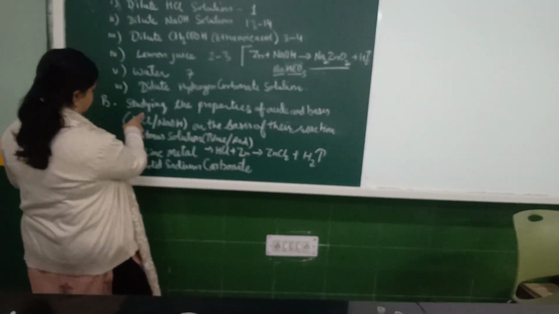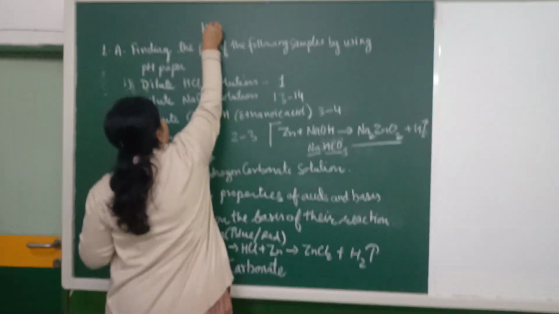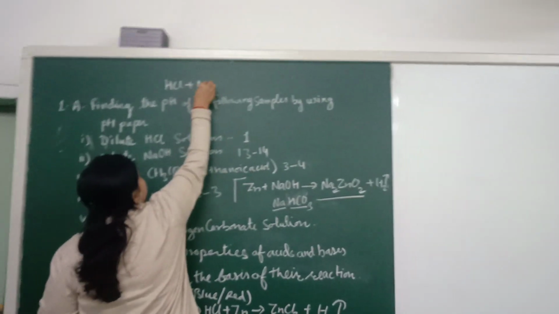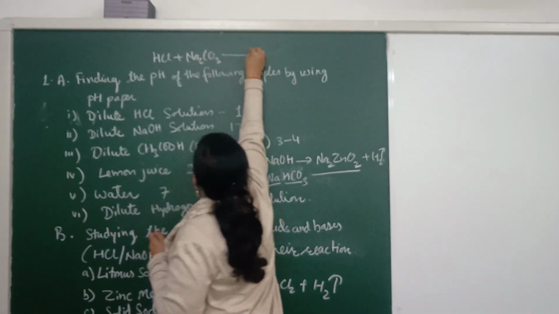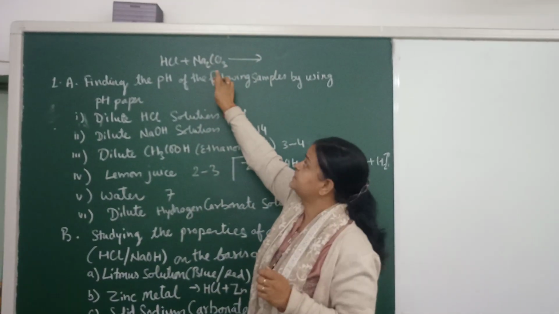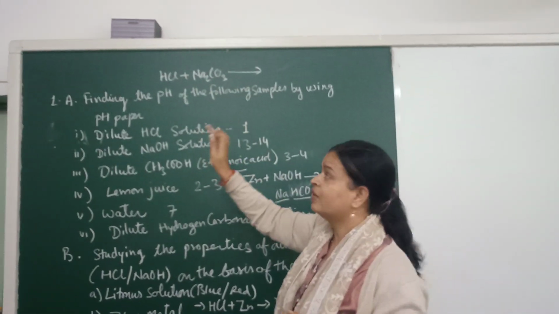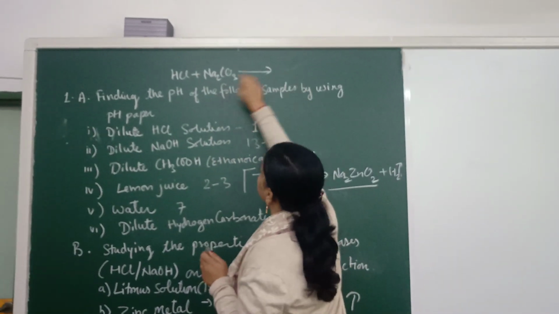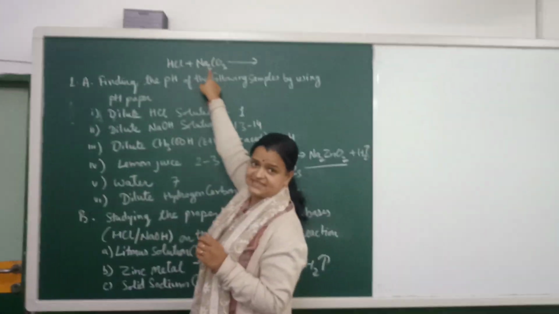Equation of HCl with sodium carbonate. This is HCl. When it reacts with sodium carbonate, yes students, due to the presence of this carbonate anion, it will be releasing carbon dioxide gas. As you know, this is an acid and this is a basic salt.